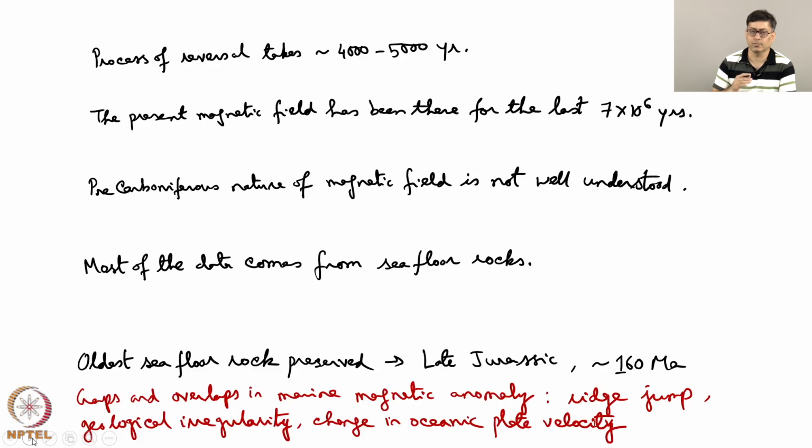The switch from normal polarity to reverse polarity or vice versa is not instantaneous. It can take 4000 to 5000 years, which means that organisms can have sufficient time to slowly adapt with the new geomagnetic field. So, all the organisms will not get extinct, but some may get adversely affected.